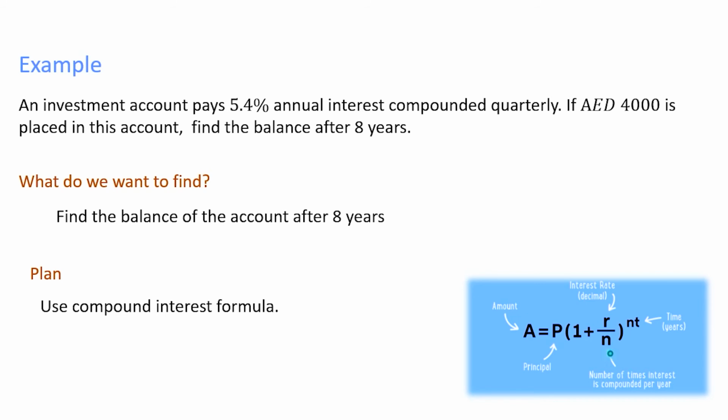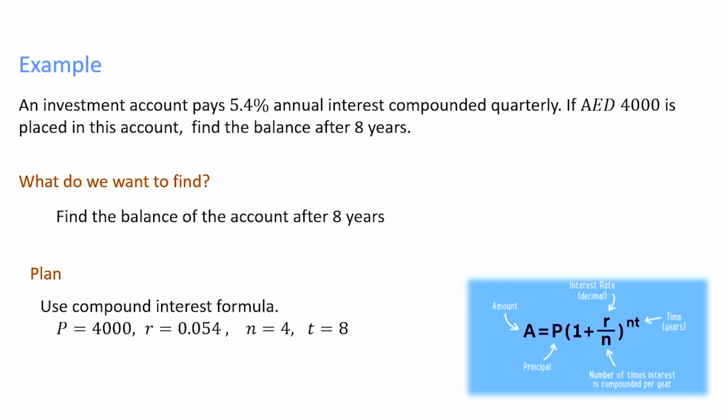Number of times interest is compounded per year. It says interest compounded quarterly. These words mean every quarter of a year, so therefore it means 4 times a year. And T is the time in years, which we know it's 8 years.